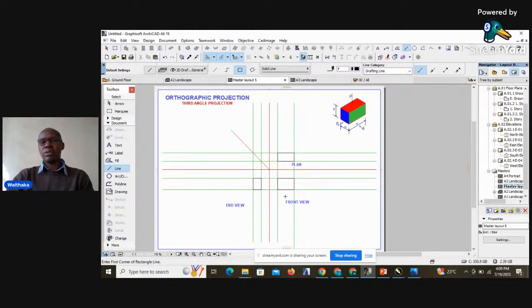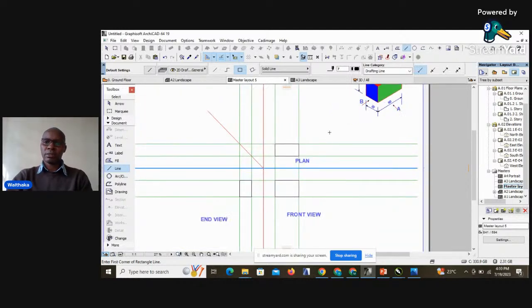And I believe at this point we are able to know the difference between first angle and third angle projection. Before I do, we said we'll do an example of a different block so that we see how the views will come out and how we even approach a question of that nature.